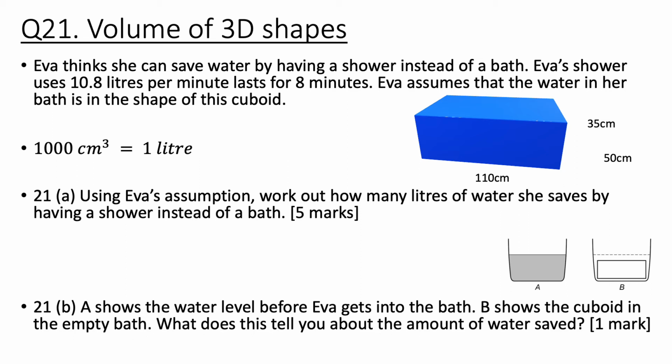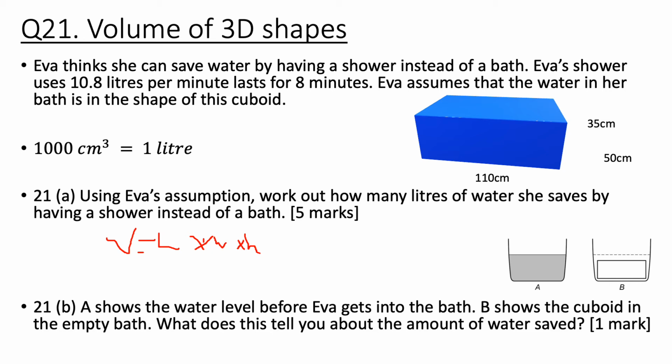Part A says, use the assumption to work out the number of litres saved by having a shower instead of a bath. Okay, so volume of a cuboid. So volume is length times width times height.